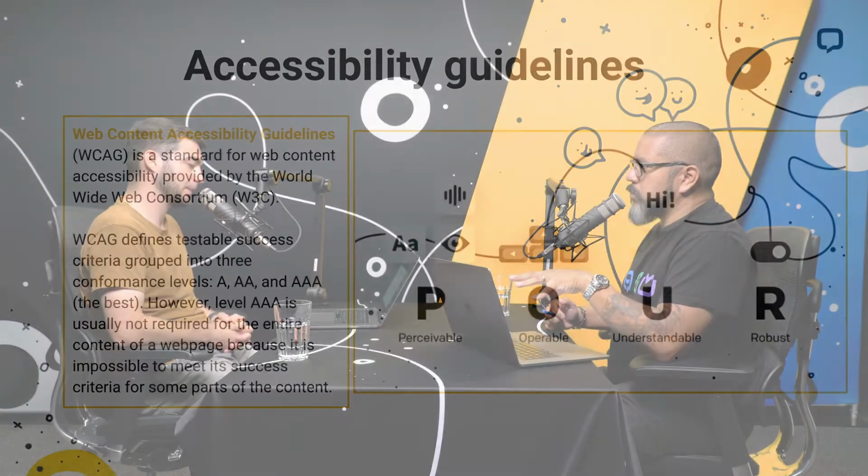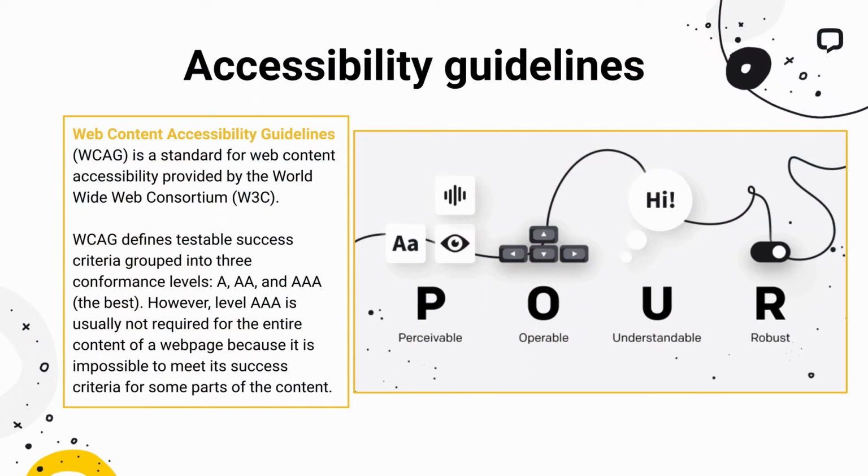Konrad, can you go through the POUR? Is this part of the WCAG guidelines? Yes, there are requirements, and it is described what your content should be and what you need to think about.